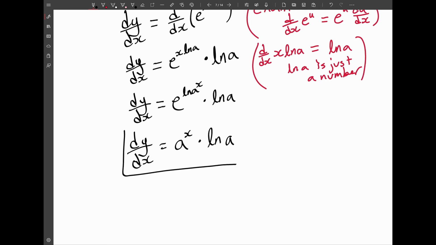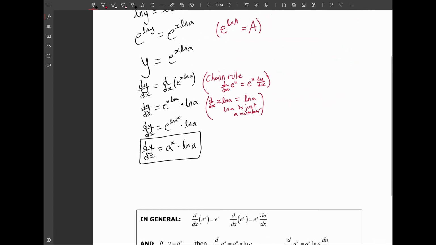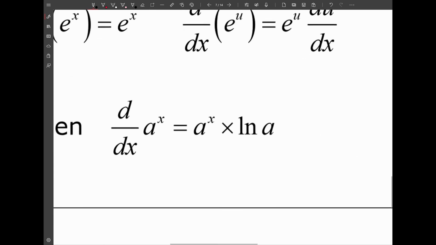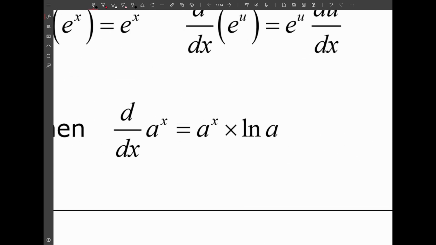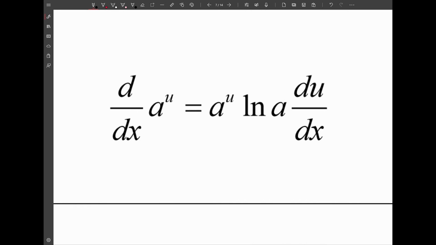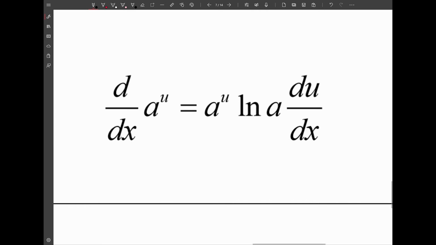And that's it. That's the derivative for any value of a greater than 0. Hey, look, it's right here. That's so convenient. The derivative of a to the power of x is a to the power of x times the natural log of a.